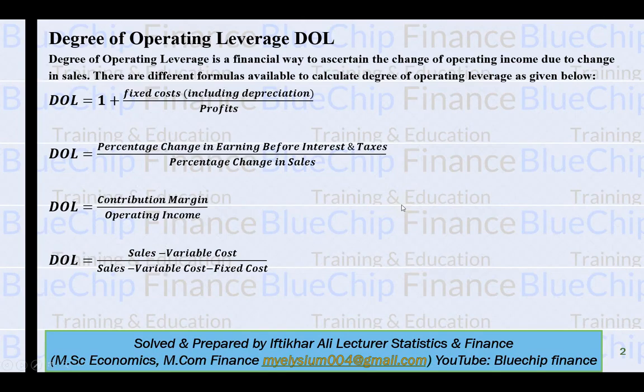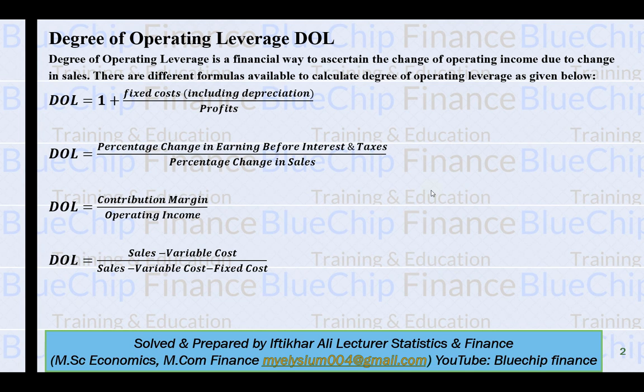So degree of operating leverage, or simply DOL, is a financial way to ascertain the change of operating income due to change in sales. There are different formulas available to calculate degree of operating leverage.